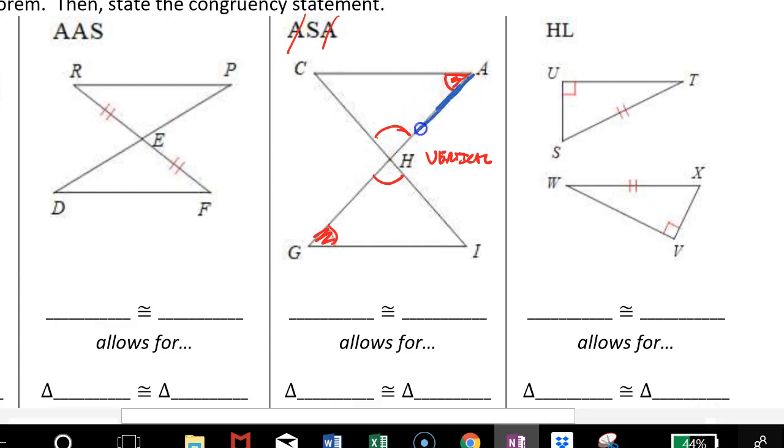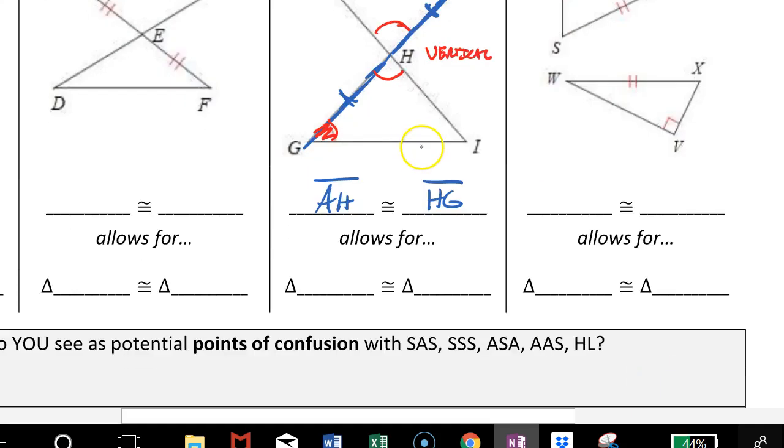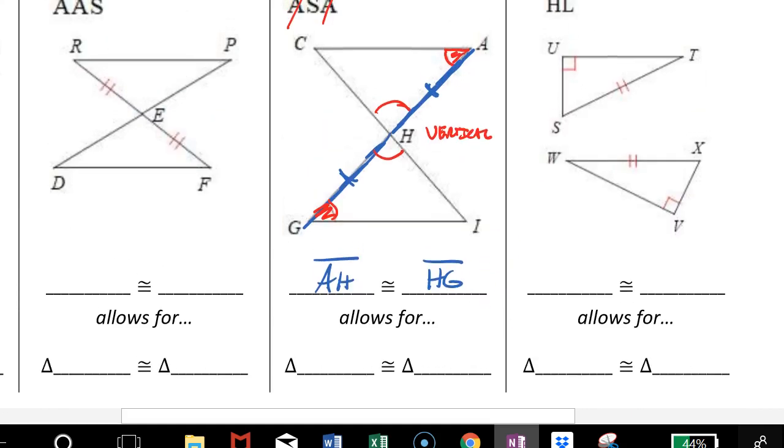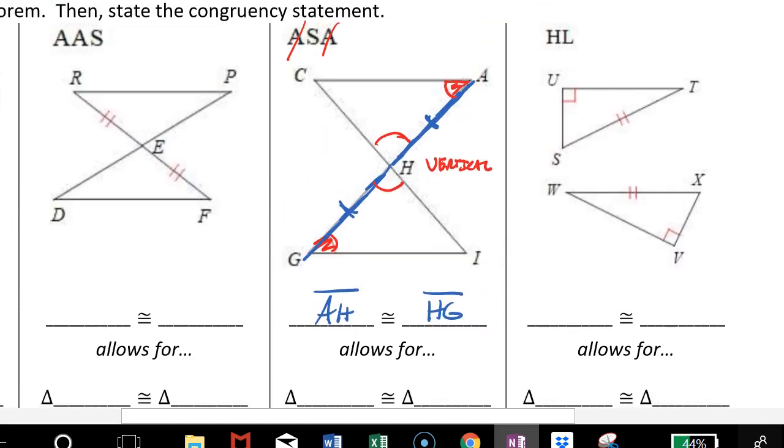Well, this side, AH, falls between H and A, and HG falls between angles H and G, therefore setting up triangle congruence angle side angle, and allowing us to say that triangle AHC is congruent to triangle GHI.